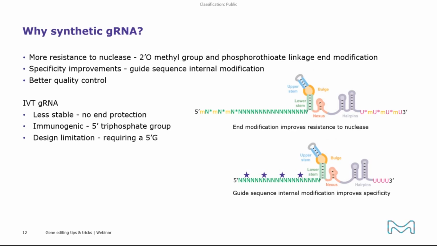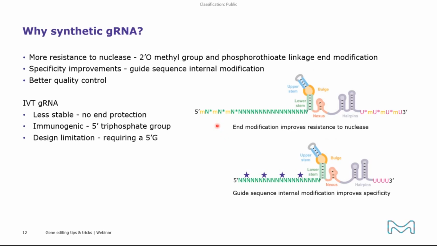And now chemically synthesized guide RNA is widely available and affordable. And we strongly recommend using synthetic guide RNA and not in vitro transcribed guide RNA in cell editing experiments.